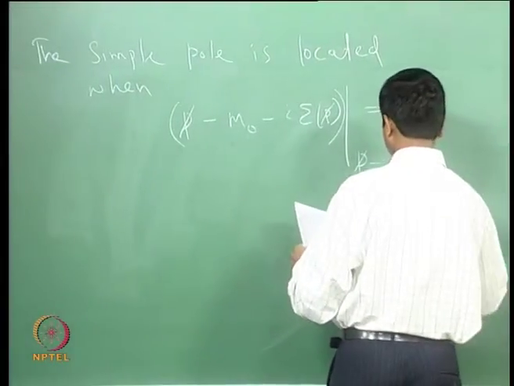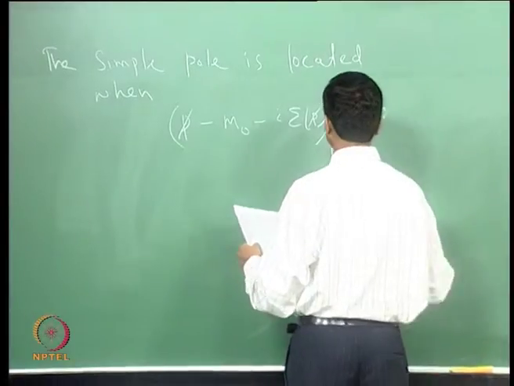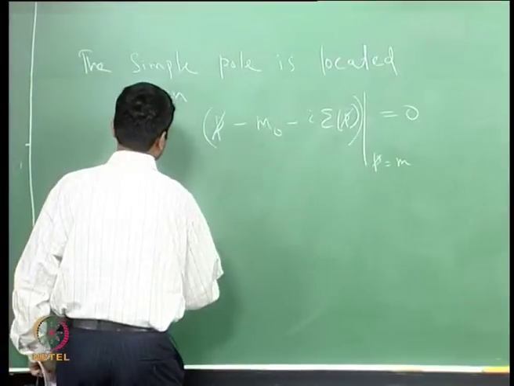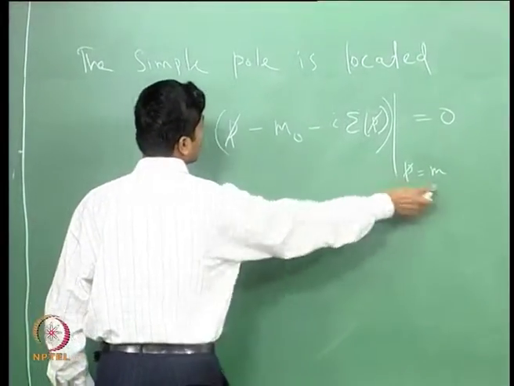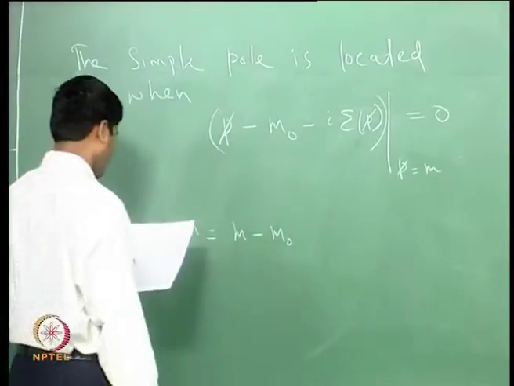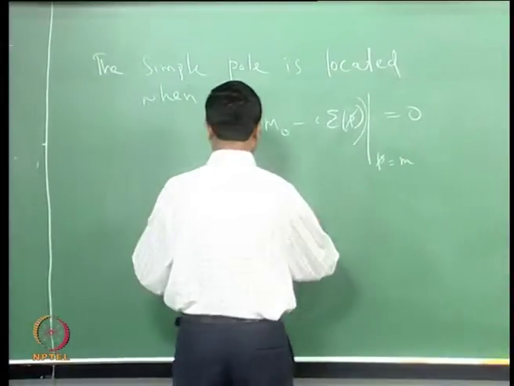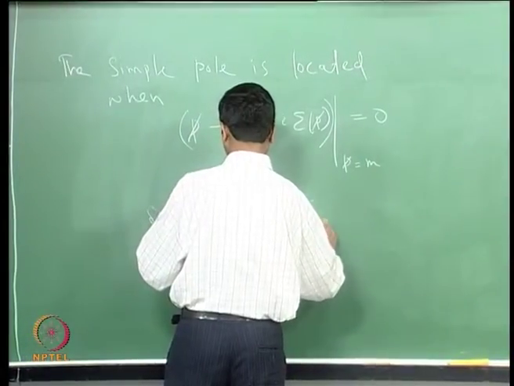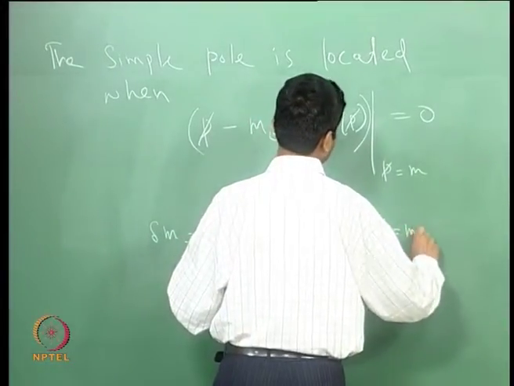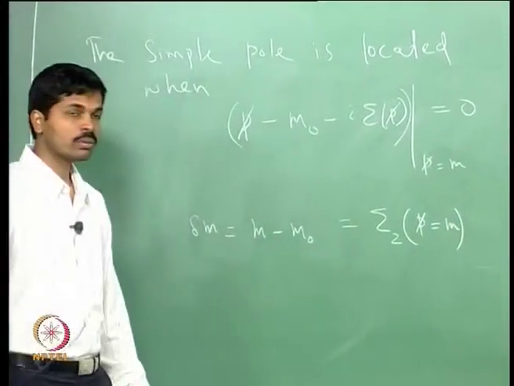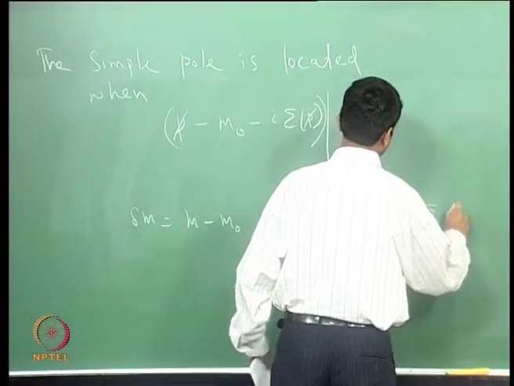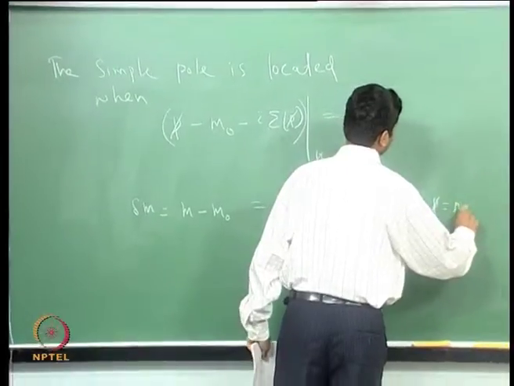So this is simply p slash equals m. If I say delta m to be the difference between m and m 0, so this is basically m minus m 0, and delta m is what we have computed, and this is given by sigma 2 at p slash equals m. To the lowest order we can write it as sigma 2 evaluated at p slash equals m 0.